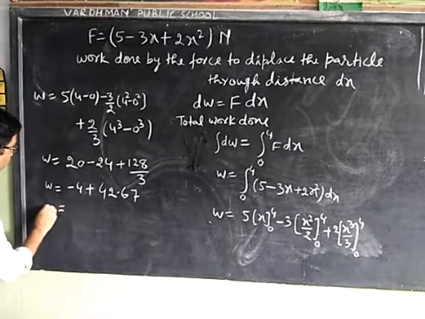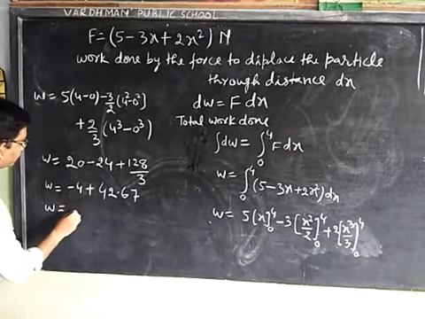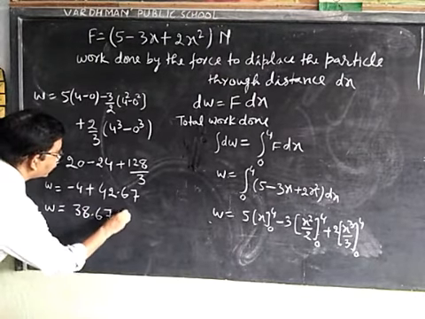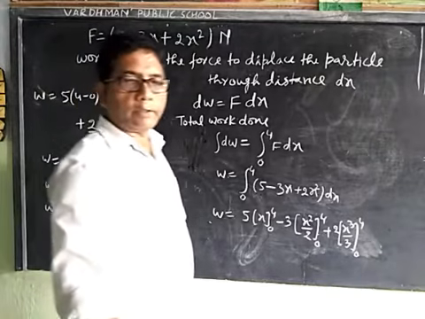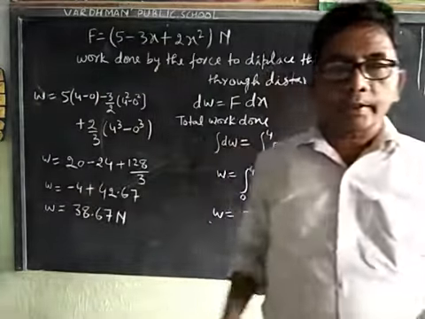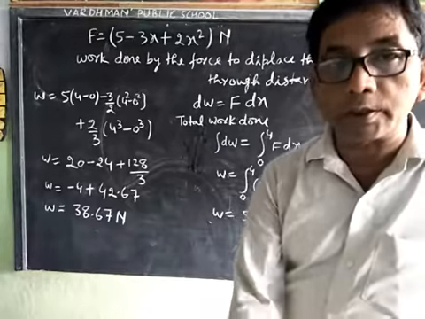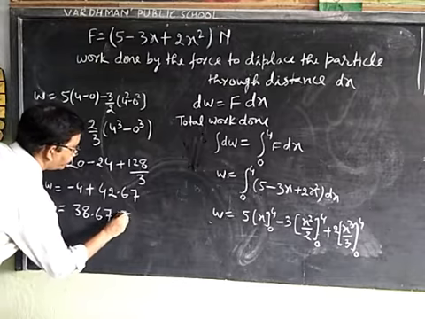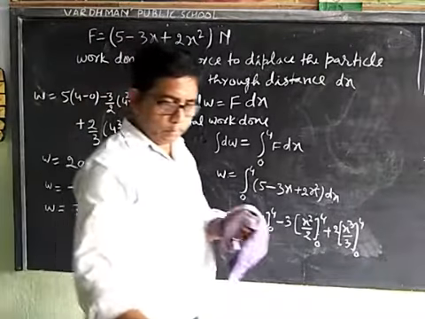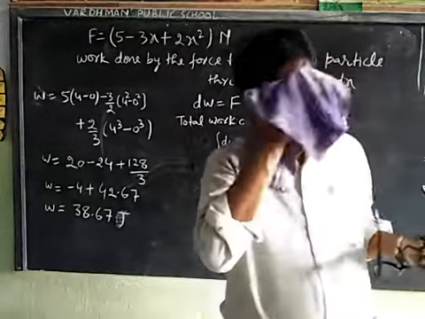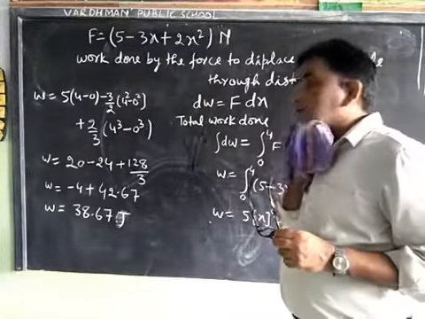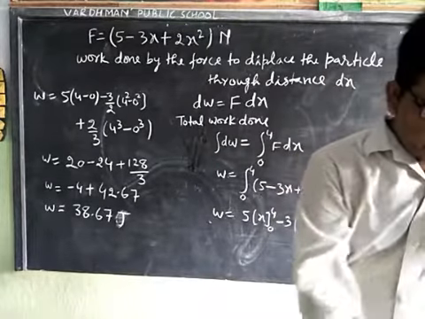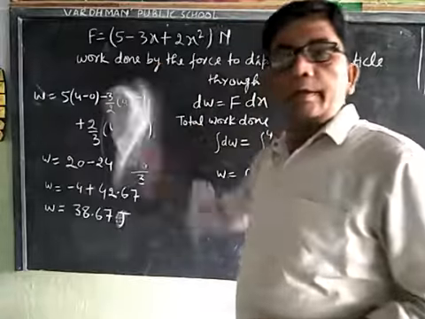This becomes work done equal to 38.67. What is the unit of work? That is joule. Unit of work is joule. Therefore we get 38.67 joule.